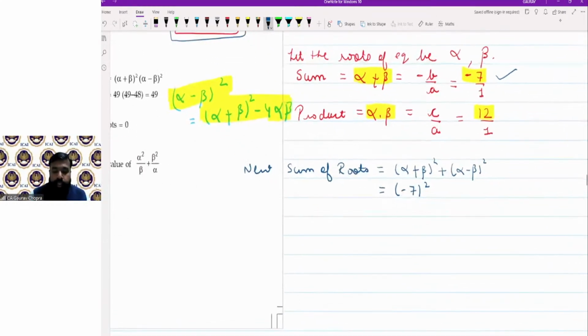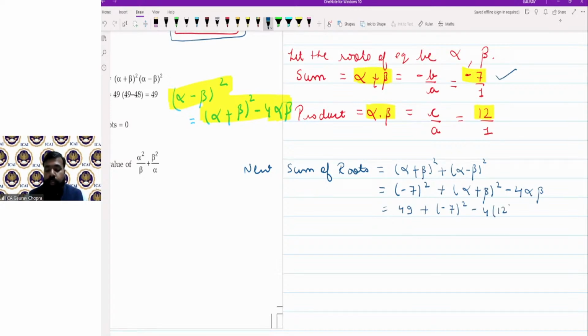So here what we are doing now, alpha plus beta whole square minus 4 alpha beta. Now put the values. Now -7 square is 49 plus alpha plus beta is again -7 then square, and -4 alpha beta.